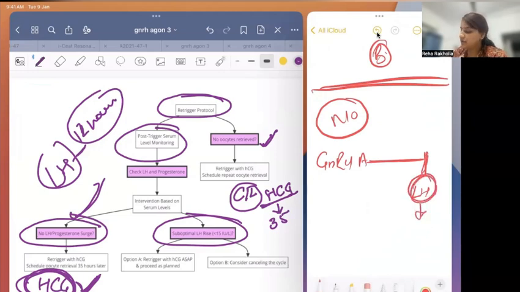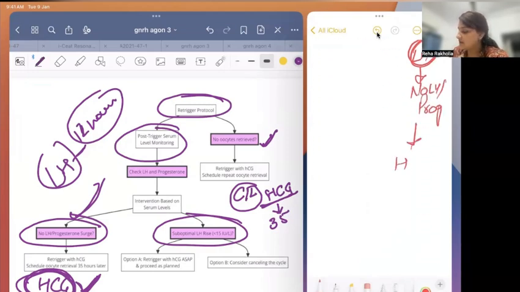If LH value is not appropriate, no LH surge is there, no LH or progesterone surge is there, we'll give HCG, and after 36 hours of HCG, we'll do oocyte retrieval.